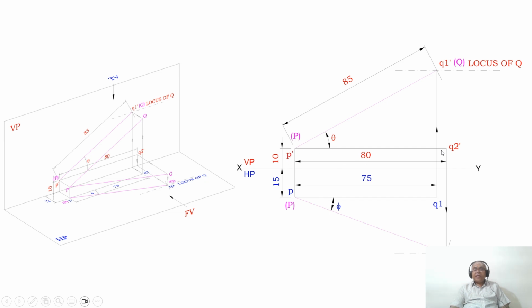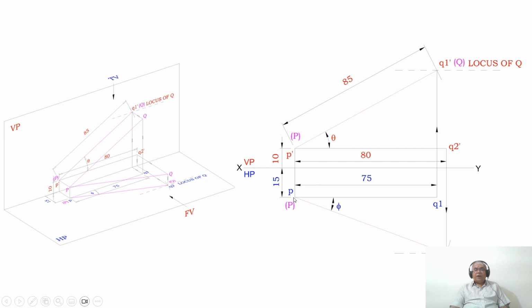So P dash Q2 dash is parallel to XY line in the front view. Then for its corresponding top view, from Q2 dash, you draw a vertical projector to the top view. With small p as center, take the radius of 85, and cut an arc on this vertical projector which is drawn from Q2 dash to the top view.